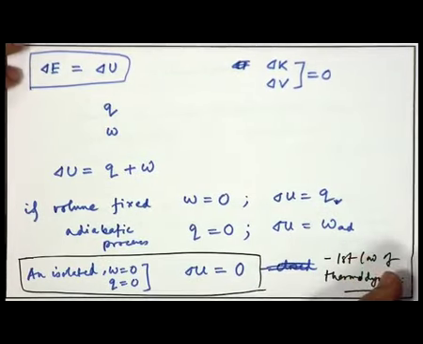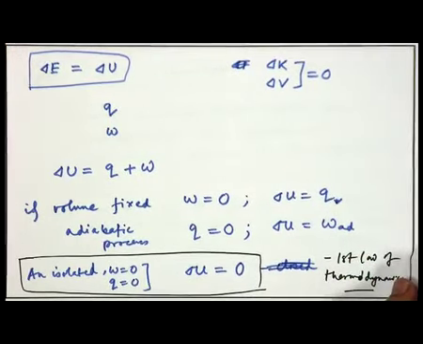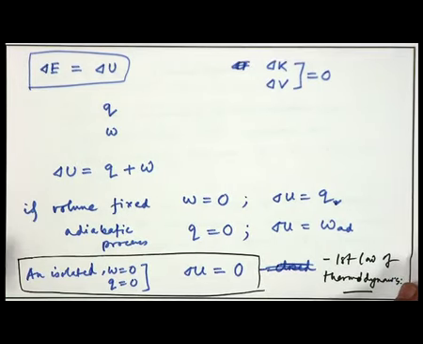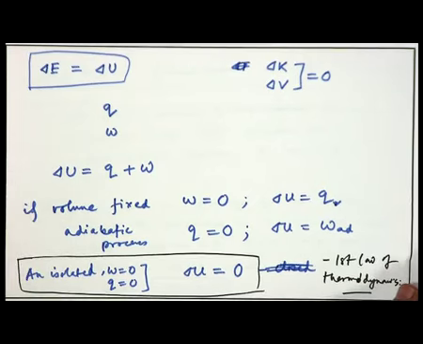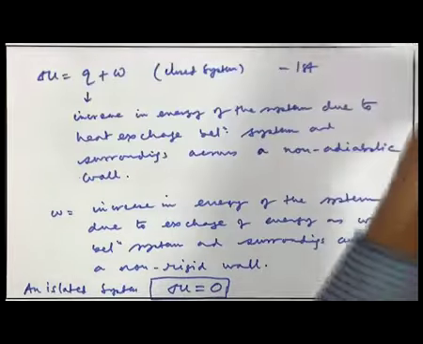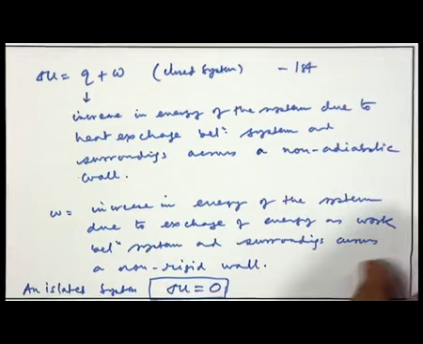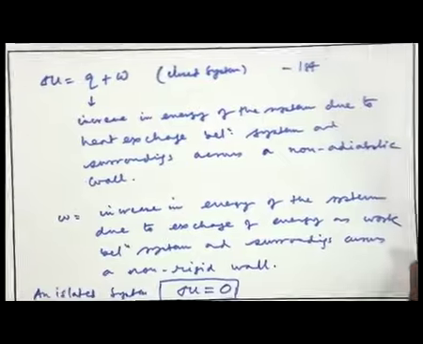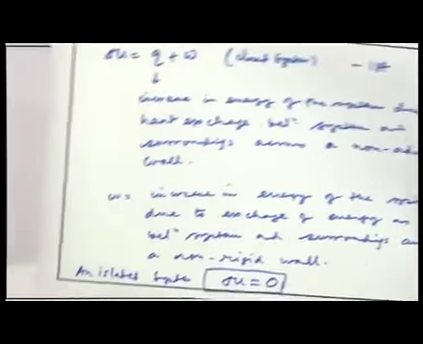So, as the energy cannot be created or lost, the internal energy of the system can be changed only by the processes which we mentioned now. So, this is the mathematical description of the first law of thermodynamics.